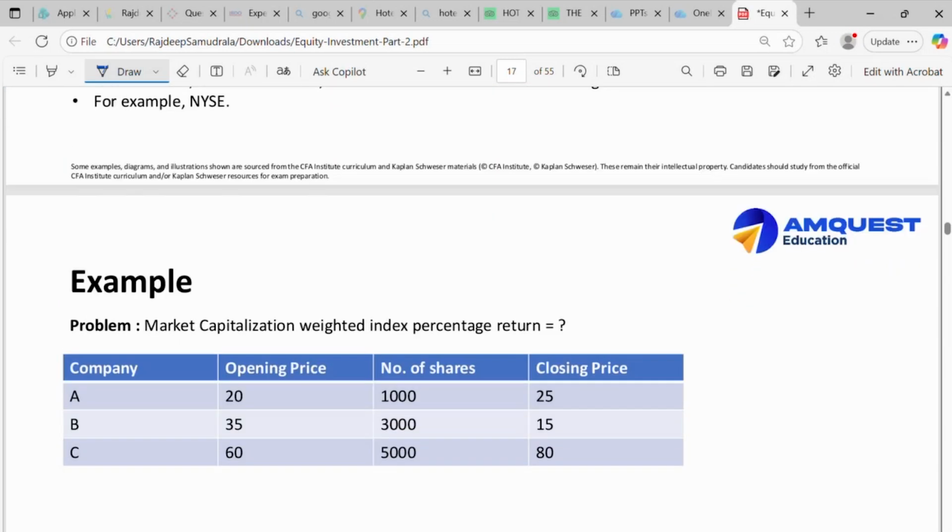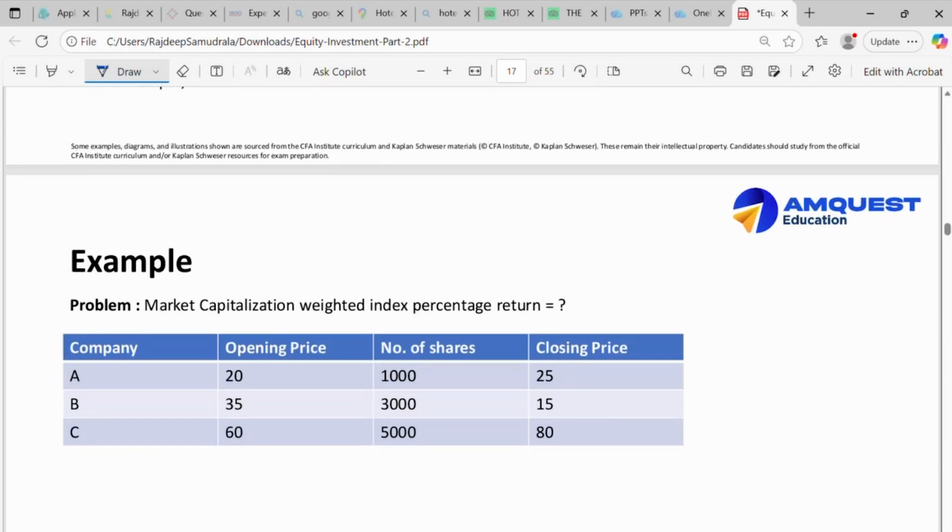Okay. Now let's try a sum on that first, and then we'll come back to the main formula. If you look at an example, you need to tell me what is the market capitalization weighted index price return based on market capitalization. So I have the opening price, closing price, and the respective number of shares.